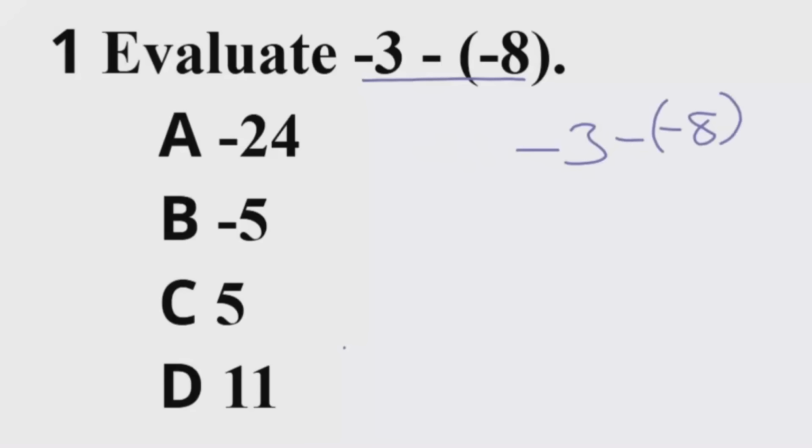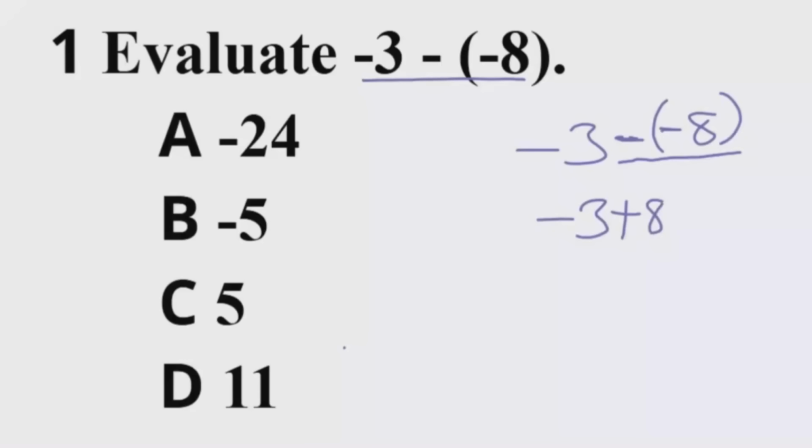Then we focus first on this negative sign and -8. When a negative sign is following a negative sign, we multiply and they give us a positive. So we say -3, then negative times -8 will give us +8.